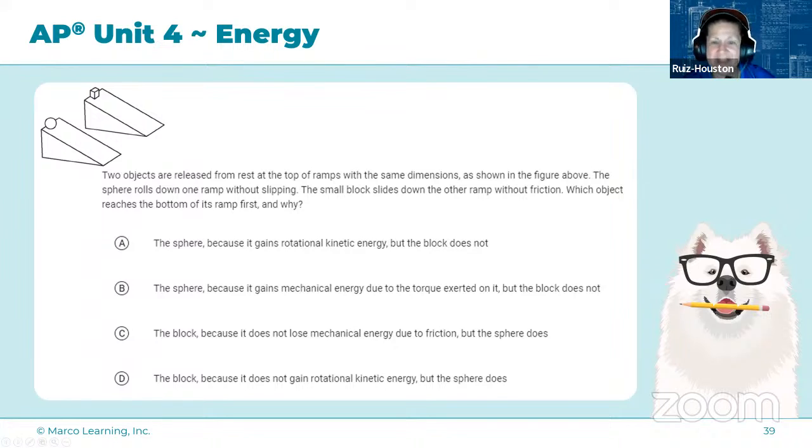Let's try this one. And you've probably done this one in your lab, where we released objects from rest at the top of a ramp and we let them go down. Now, what's slipping and not slipping? Slipping means the object's actually going to slide down the surface. So kind of like ice. If there's friction, though, the object will roll.